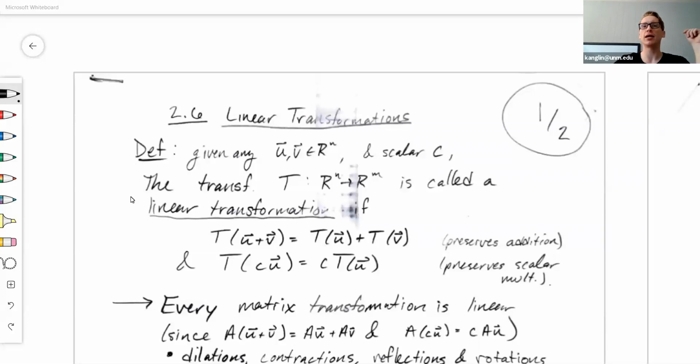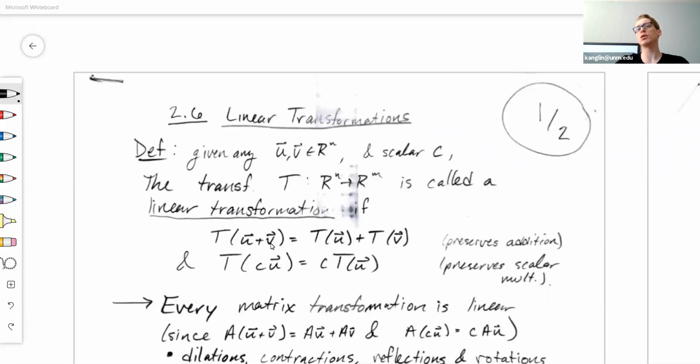Let's start by defining a linear transformation, something that we didn't really define last time in 2.5. So here's our definition. Given any vectors u and v in Rn and any scalar c, the transformation T taking Rn to Rm, so this is a different dimension for our domain and codomain, is called a linear transformation if the following two properties hold.